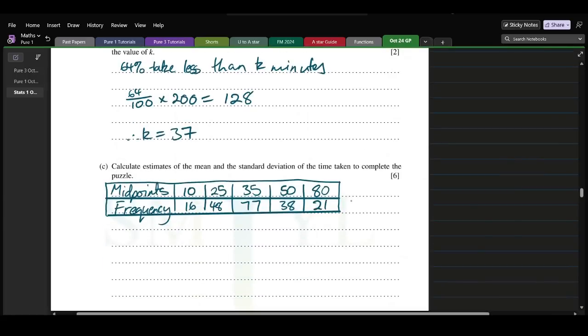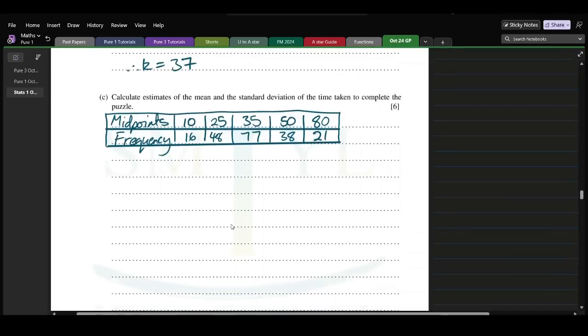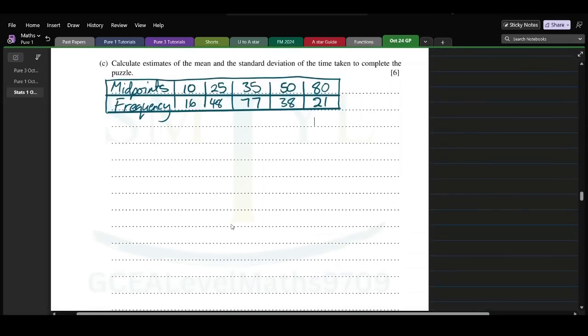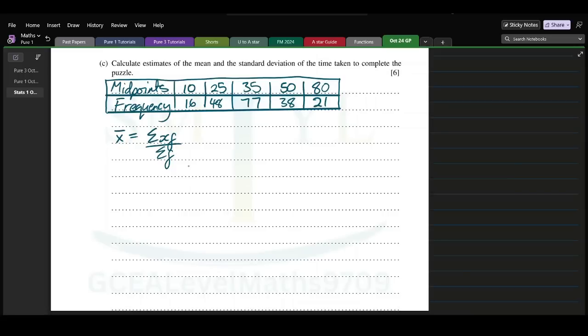Alright, so now that we have our midpoints and our frequencies, we can go ahead and find our mean. The formula for grouped mean is the summation of x times f divided by the summation of f. In this case, our midpoints are denoted by x and our frequency is denoted by f. So let's calculate our x bar.